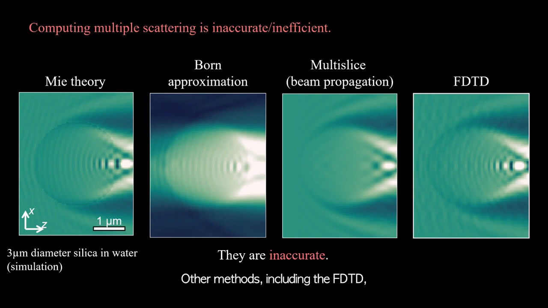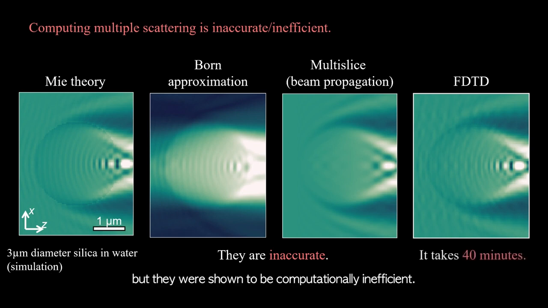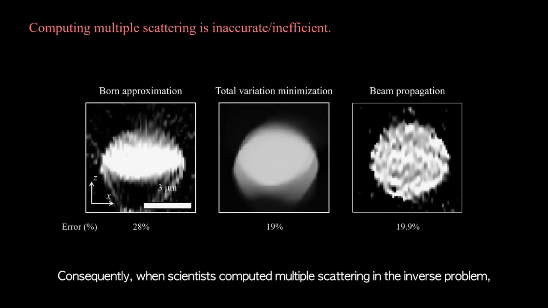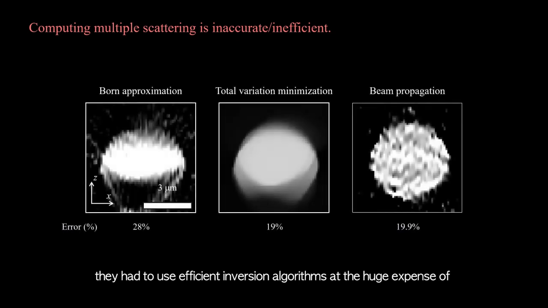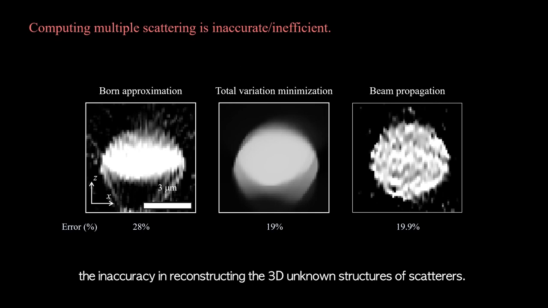Other methods, including the FDTD, have been established as accurate ways of describing the multiple scattering process, but they were shown to be computationally inefficient. Consequently, when scientists computed multiple scattering in the inverse problem, they had to use efficient inversion algorithms at the huge expense of the inaccuracy in reconstructing the 3D unknown structures of scatterers.